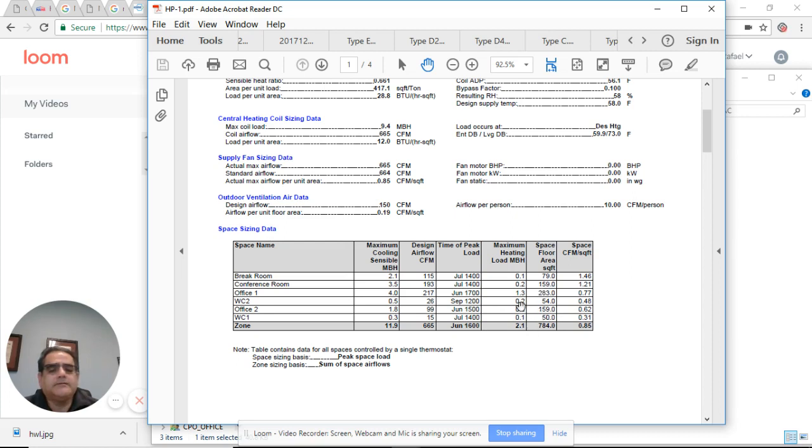Now, what happens here? I just realized that we're exhausting 75 from each bathroom, if you remember. If the exhaust is larger than the air we're bringing in, then we've got to bring in at least the amount of exhaust. So that's why it's 150. And if we didn't have bathrooms, we'd be exhausting 27 plus 15 plus 50 plus 36.